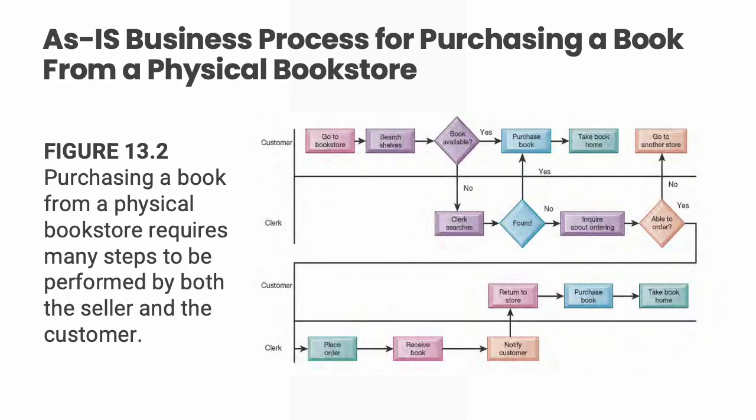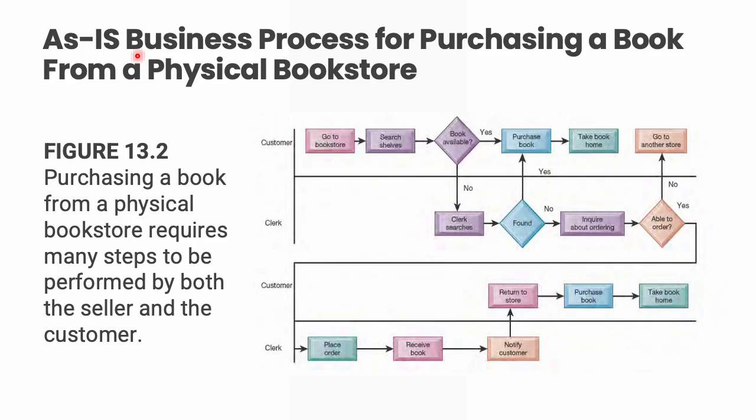Okay, so now let's look at this concept. This picture is called the as-is business process. It's like a map that shows all the steps for how something is done right now, before you try to improve it.